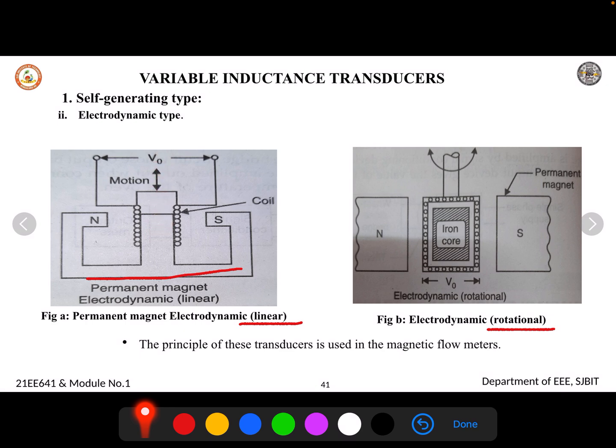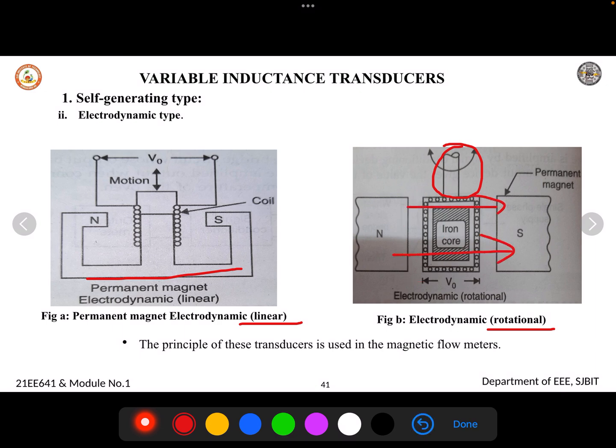If it is a circular motion, look at this diagram, it is connected to a shaft. On the shaft of the device there is an iron core and also a coil. This coil is placed within the magnetic field, where the north and south magnetic poles are present.